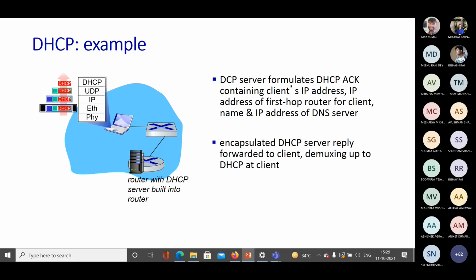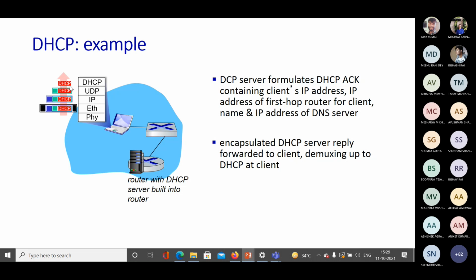So this is how it works. The ACK message will be transferred back to the host side, where the host will decapsulate the frame that has been received in order to finally get the DHCP message sent by the server side.